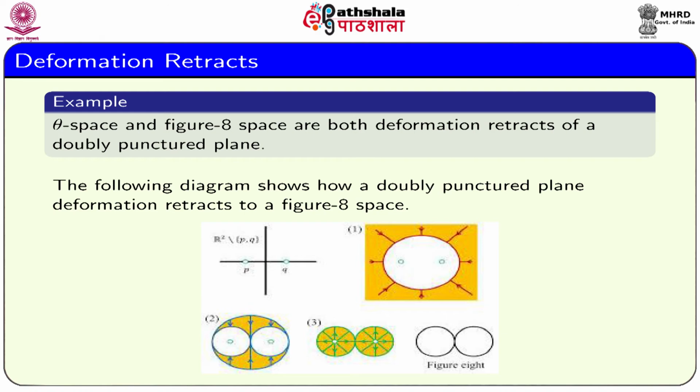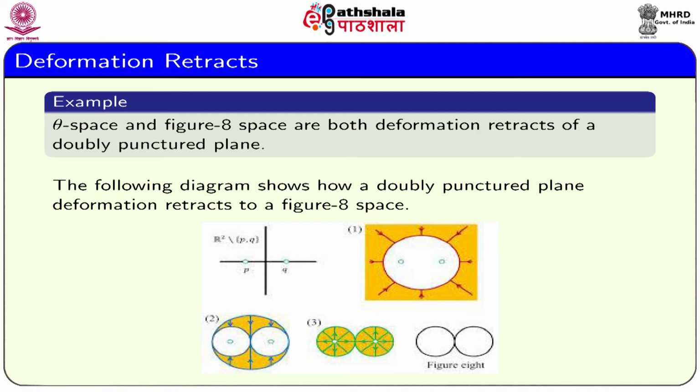We start with a doubly punctured plane, that means a plane where we are removing 2 points P and Q. First of all, we are drawing a circle around these 2 punctured points to get a figure like this, and we are allowing the points outside this circle to deform to get the circle and get the figure like this.